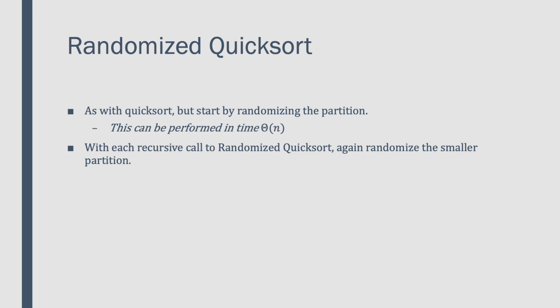To conclude this lecture, randomized quicksort combines the elegance of quicksort with the robustness of probabilistic algorithms. It ensures high performance across all input types, making it a favorite in both academic study and real world applications.